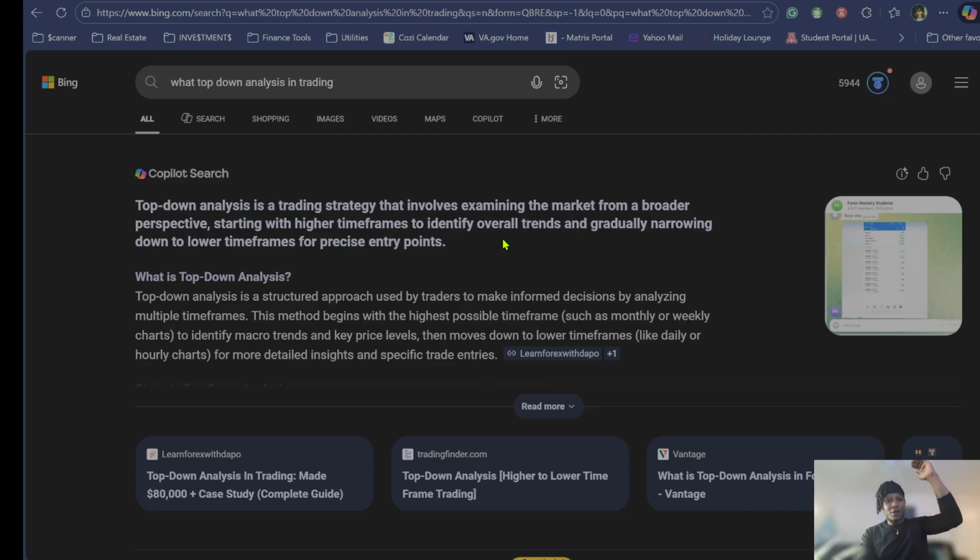Starting with the higher time frame to identify an overall trend. When they say trend, they're talking about direction. Is it trending up? Is it trending down? And gradually narrowing down to a lower time frame for a precise entry point. So that is what a top-down analysis is. So let's go back to our chart.